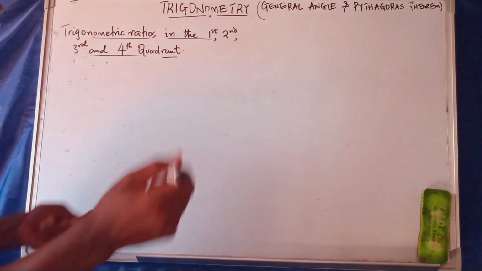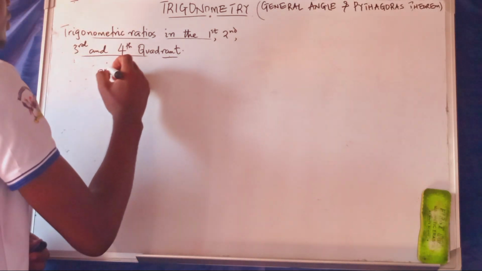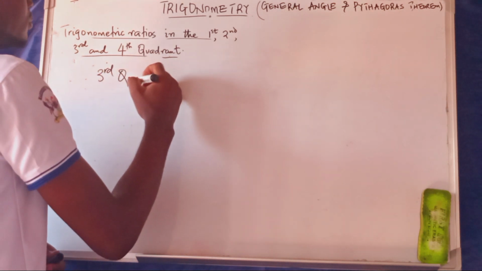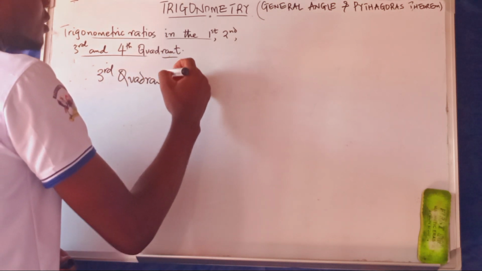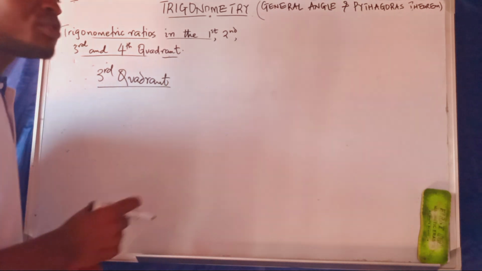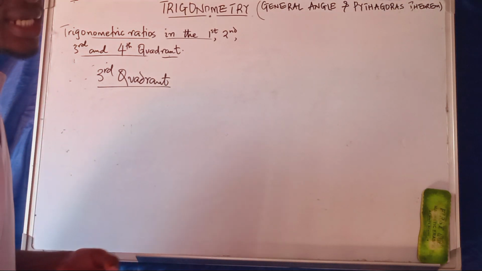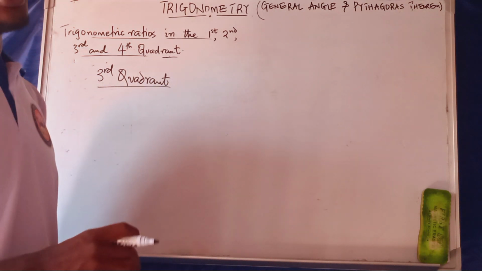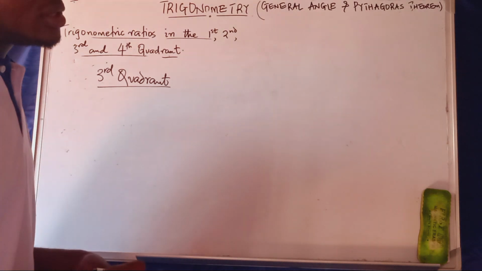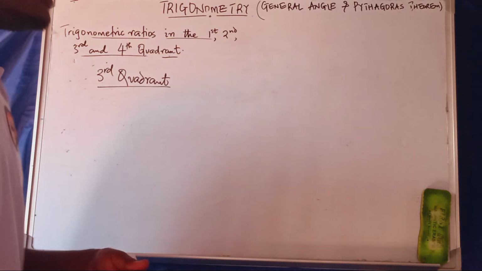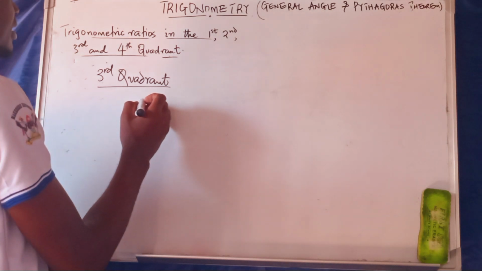By this time, you should know the angles in the third quadrant. Of course, they start from pi up to 3 pi over 2, from 180 to 270. So this is our circle.